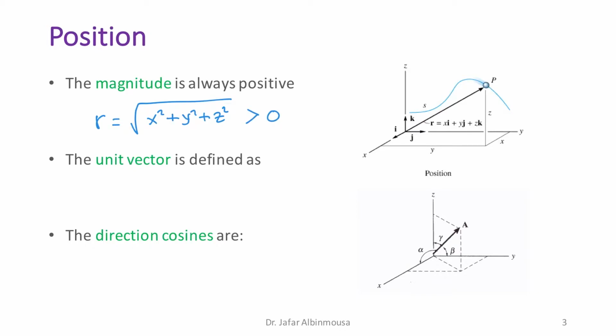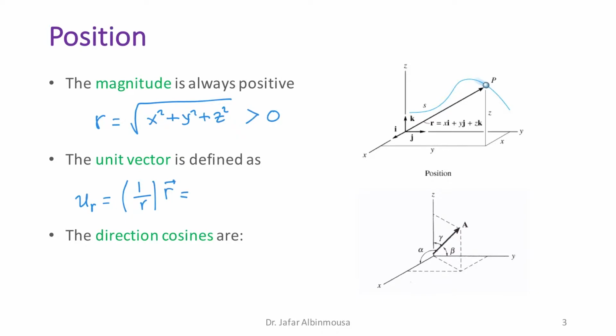The unit vector, which is written like this, u_r, is equal to 1 over r, the magnitude, multiplied by the position vector.